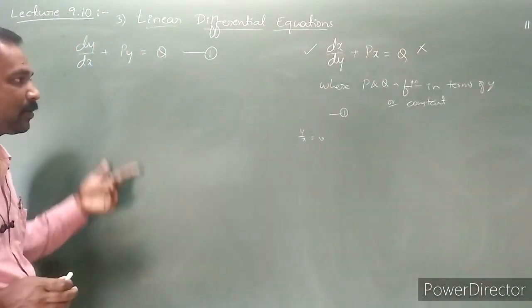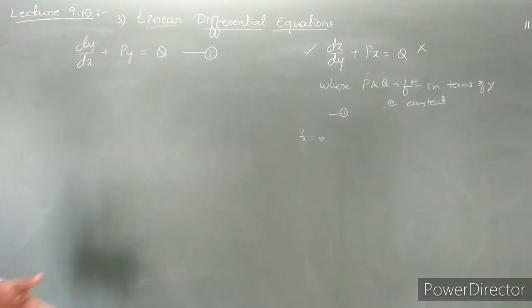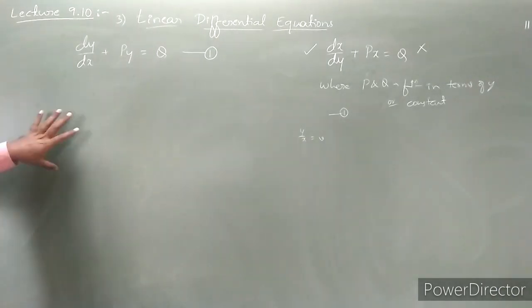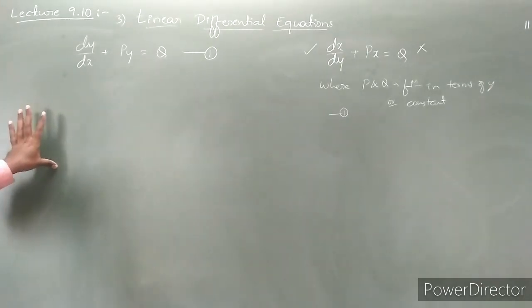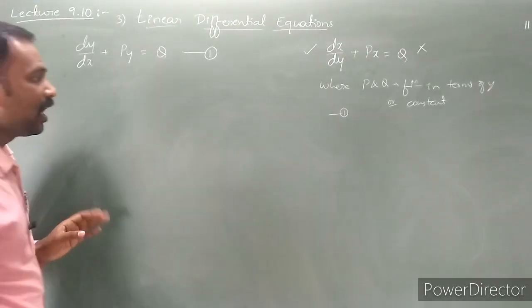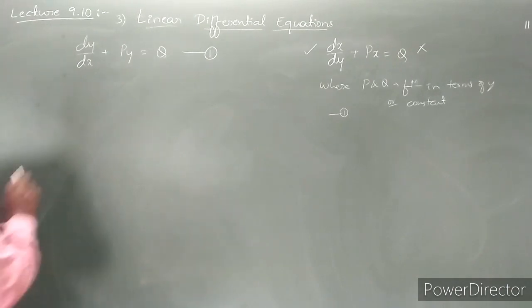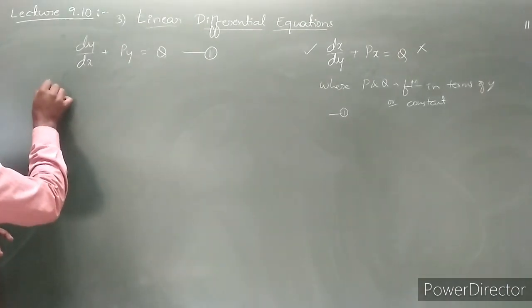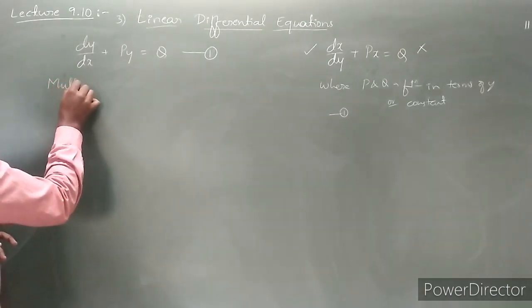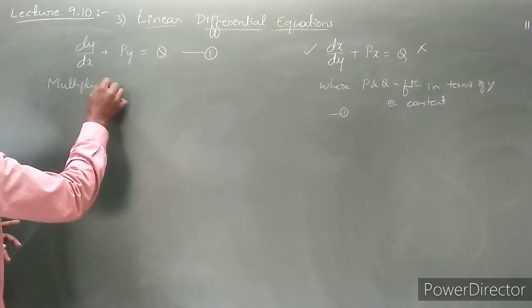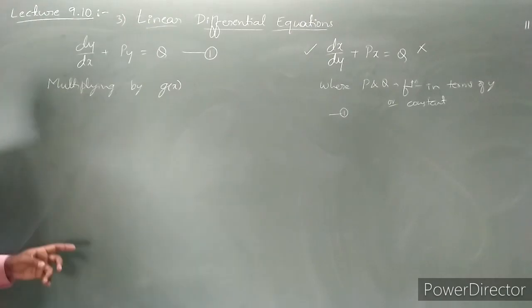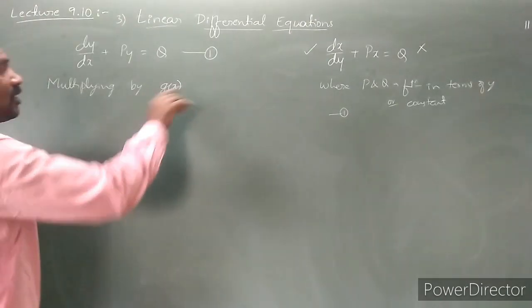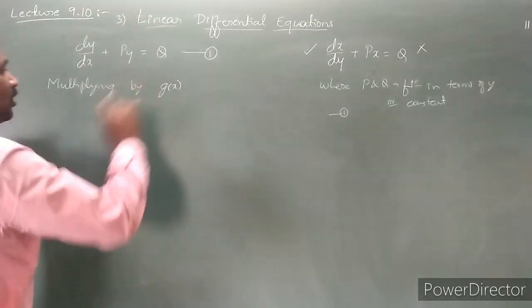So here I give the standard method, and from that method we can generate the formula. If we generate the formula, we can use it directly. How to get that formula? We can easily get it. Multiplying throughout by g of x.